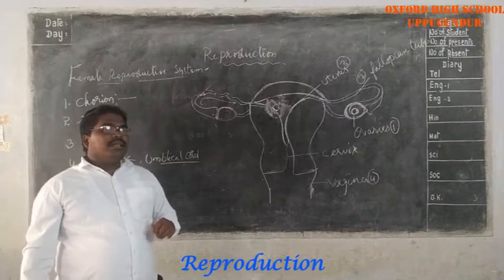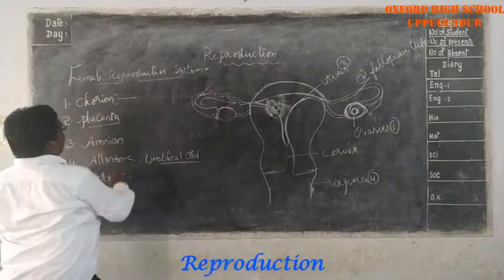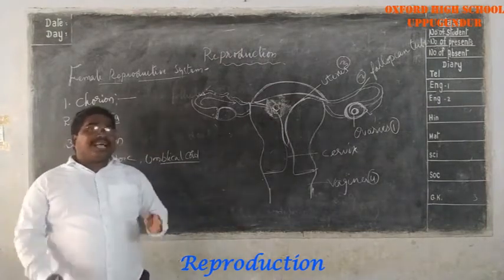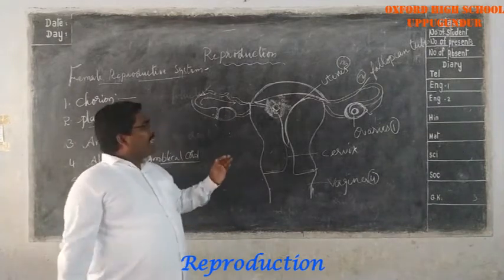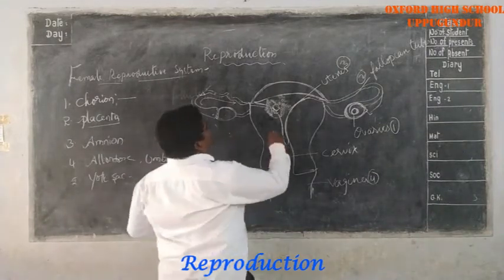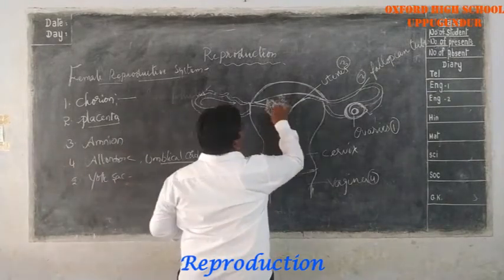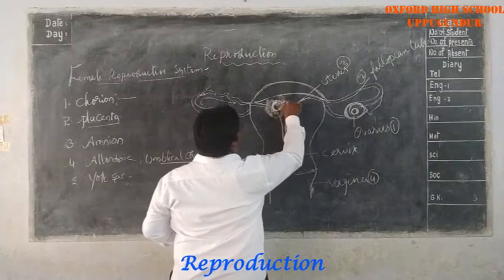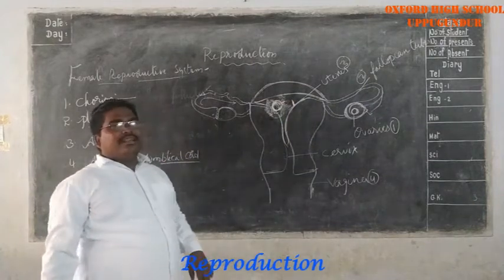The next layer is the placenta. The second layer is the placenta, a very important membranous structure. The placenta is developed from the cells of the embryo and the uterus, that means from the mother. You can follow it in your textbook.